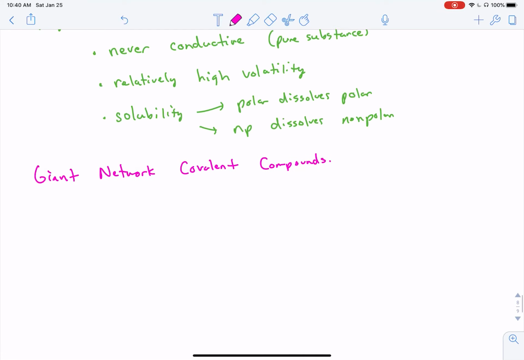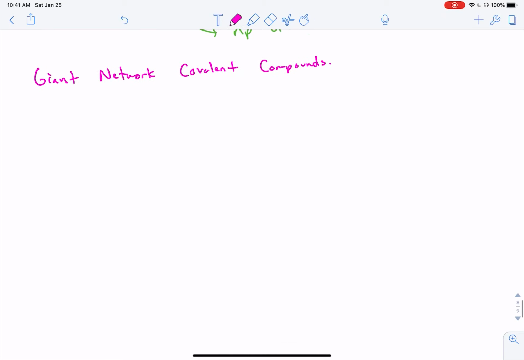Okay. So there are four that you need to know. Three of them are allotropes of carbon, one of them is a compound. Okay, and so the three you need to know, so an allotrope is essentially a molecule made of only one element.